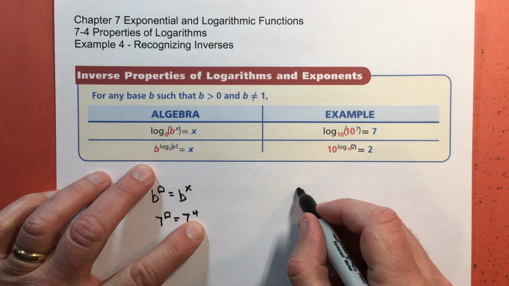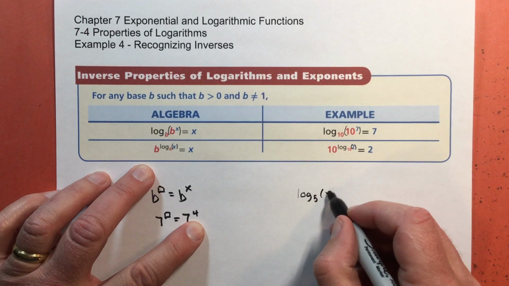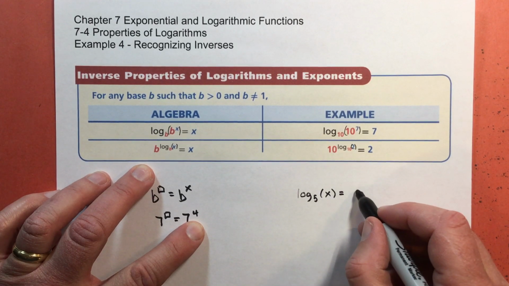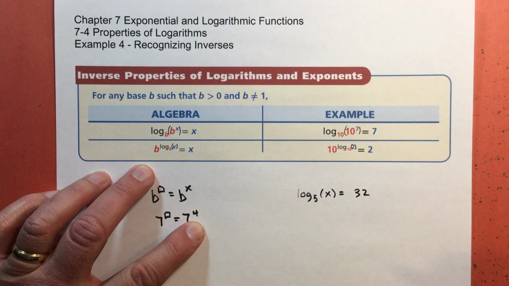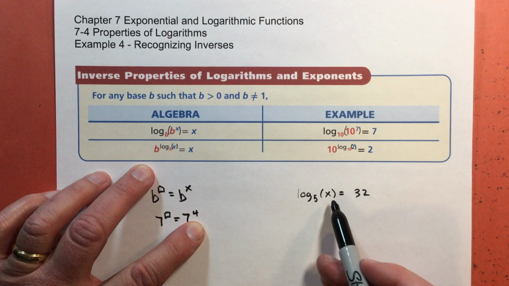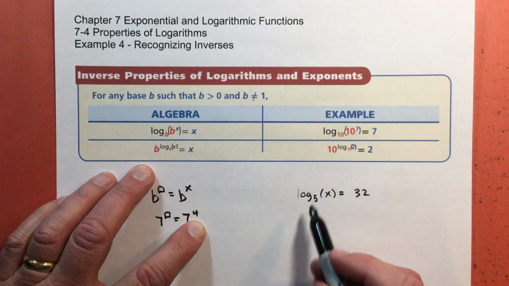So for example, I'm making this up on the fly. Let's say I have log base 5 of x equals 32. So I would want to solve for x. Okay, so the logarithm is the exponent.